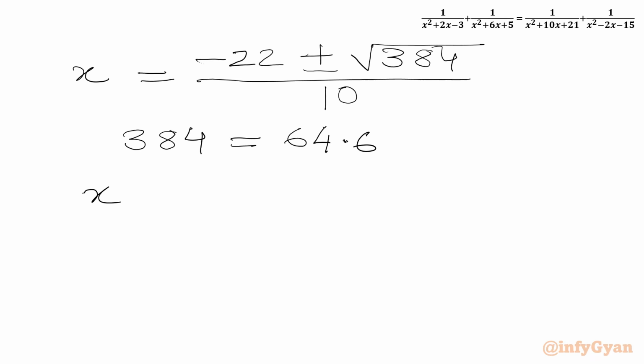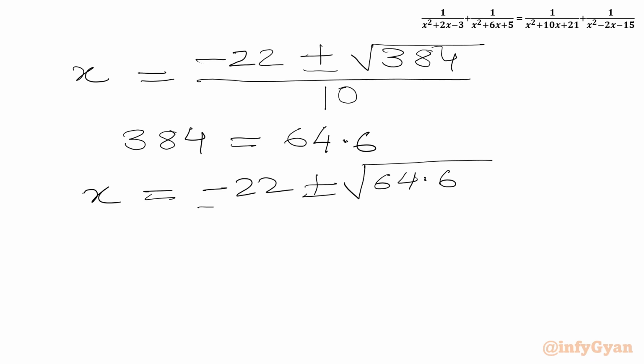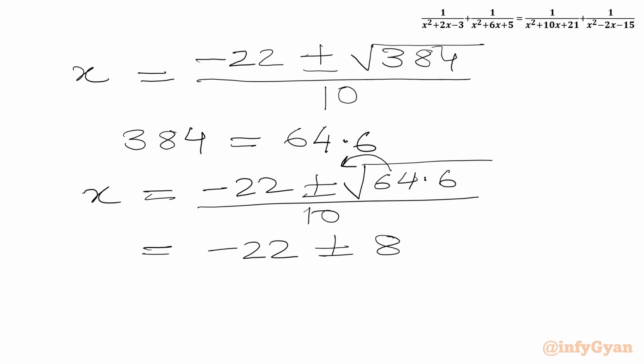So we will write x equal to minus 22 plus minus square root of 64 times 6 over 10. Now this 64 will come out from the square root as 8. We'll get minus 22 plus minus 8 square root 6 over 10.